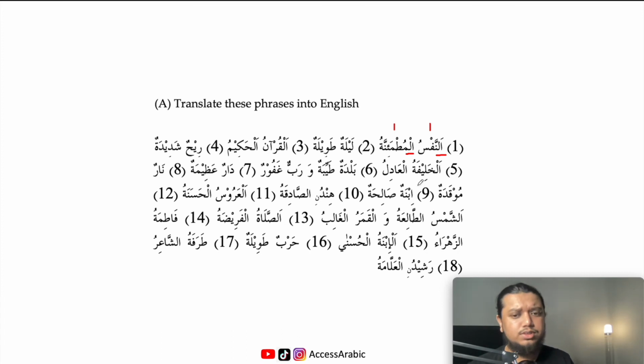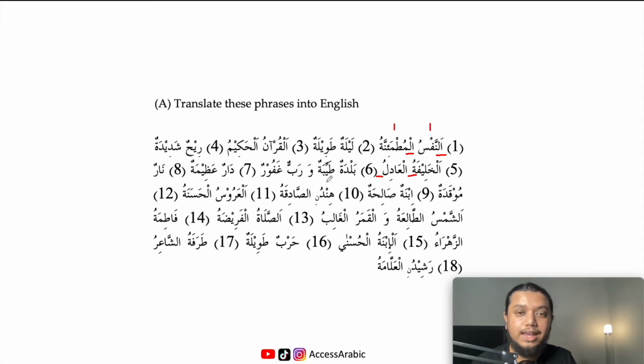Now you might be wondering, why is there a ta marbuta here but not a ta marbuta here? As I said, al-Khalifa is a word which appears feminine because it has the ta marbuta. However, it is masculine in usage. Therefore, the sifa al-adil must correspond to its noun in gender. So al-Khalifatul Adil is the just ruler of the Muslims.